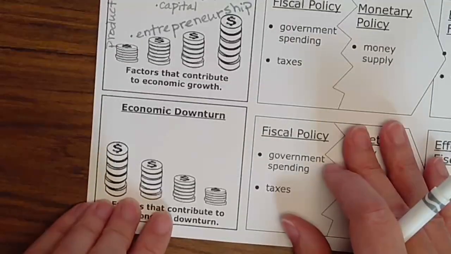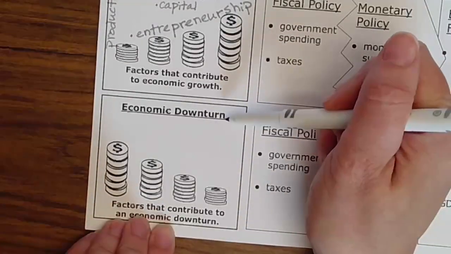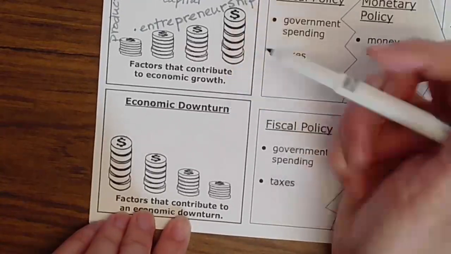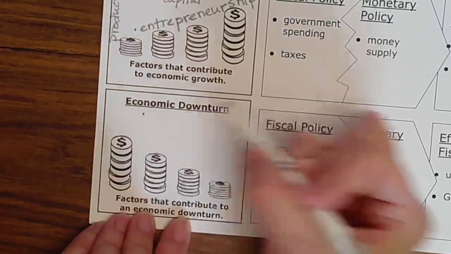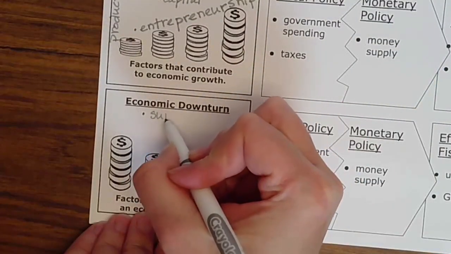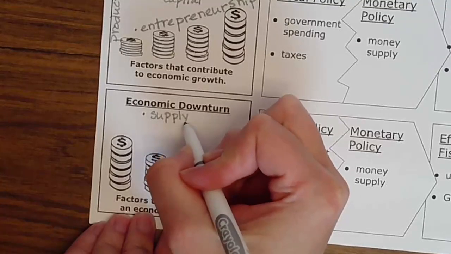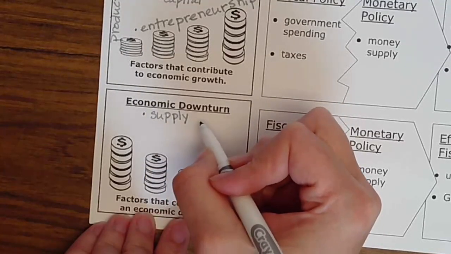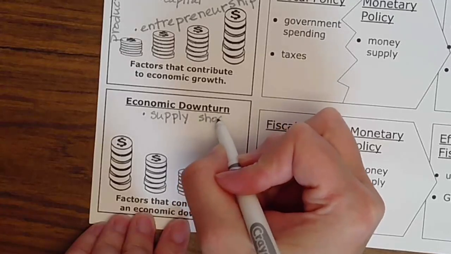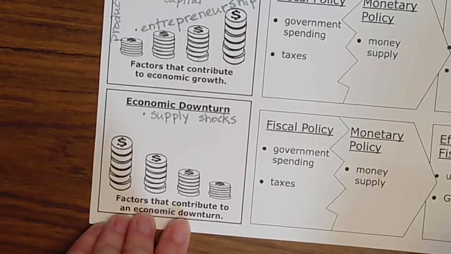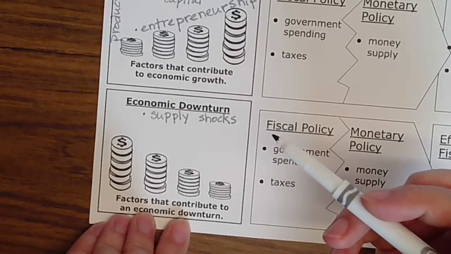We also have in our economy economic downturns. Some of the things that create an economic downturn are, I'm going to use the word, shocks. I know that your teacher has talked about shifts, but I'm going to say a supply shock. Like something kind of shakes things up. And that's going to possibly create a downturn.